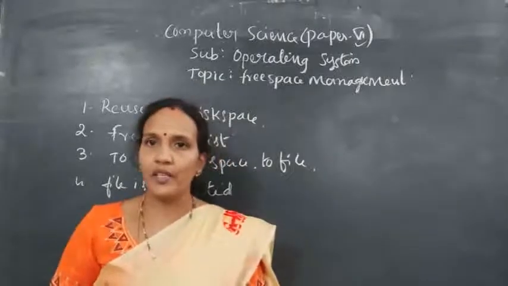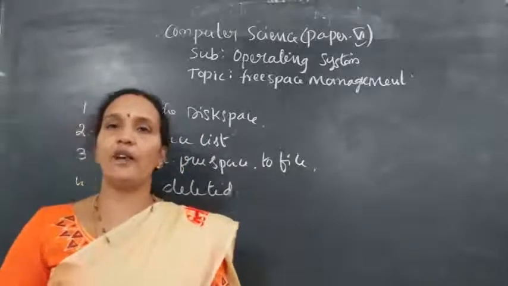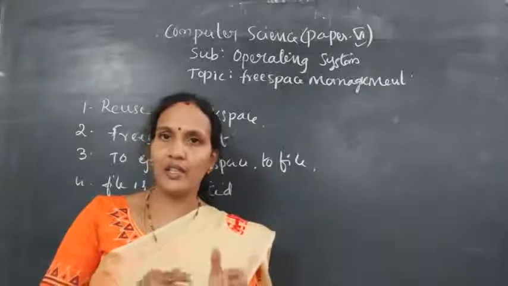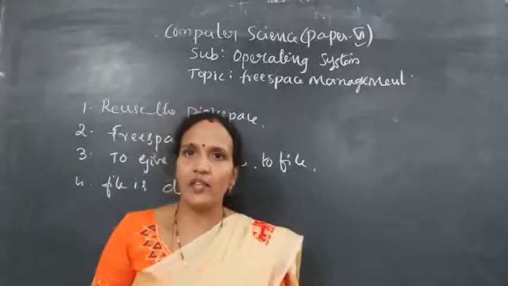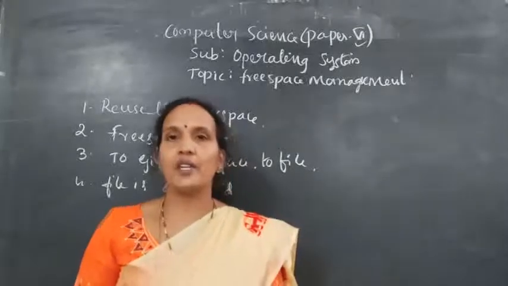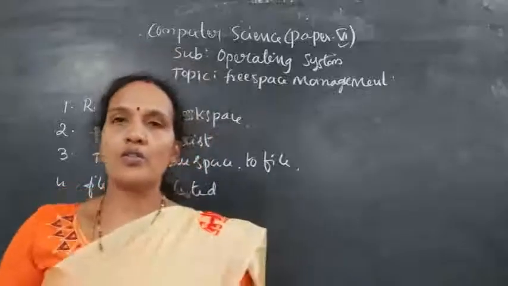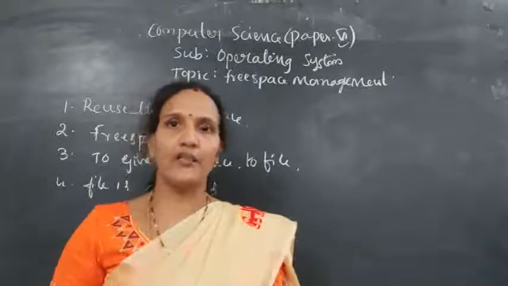Only one point is there here. Whenever any file is requesting memory, the operating system will first look in the free space list. If the blocks are available in the free space list, that memory is given to the file. So whenever blocks are free, that information should be maintained in the free space list.